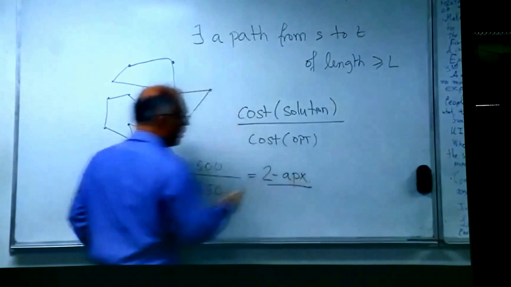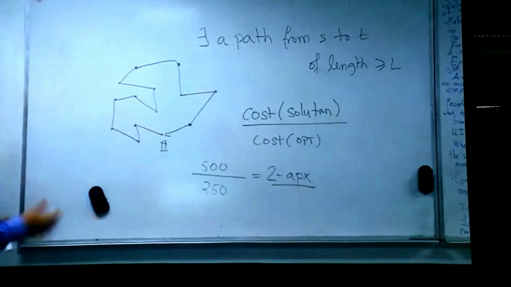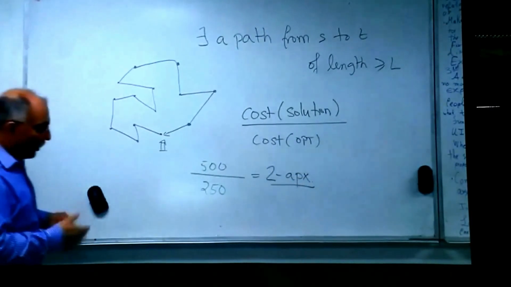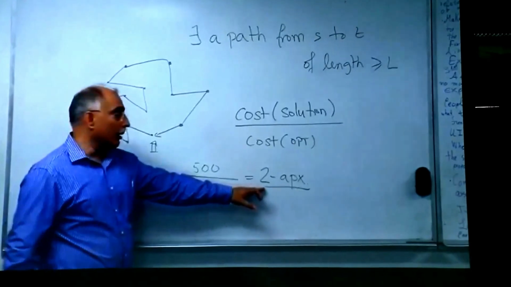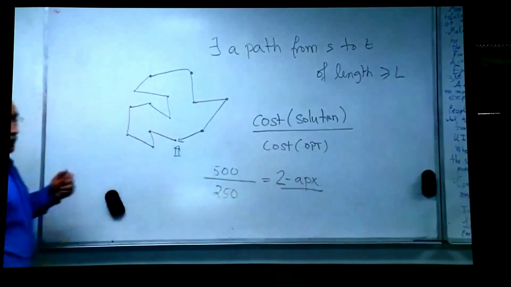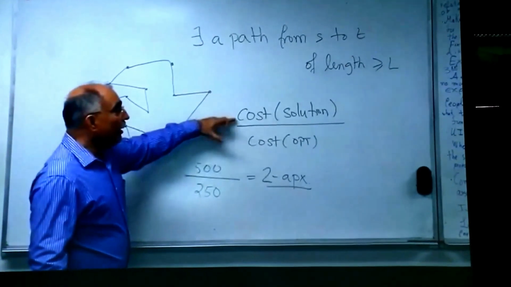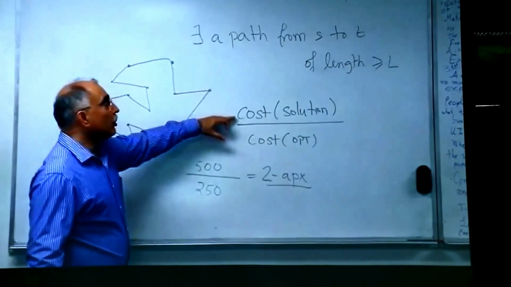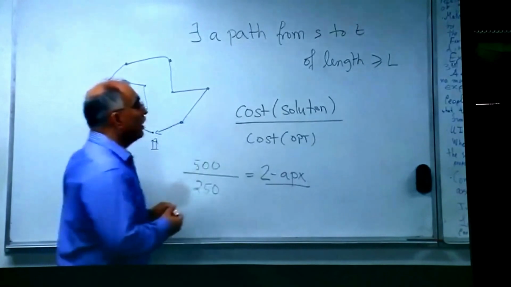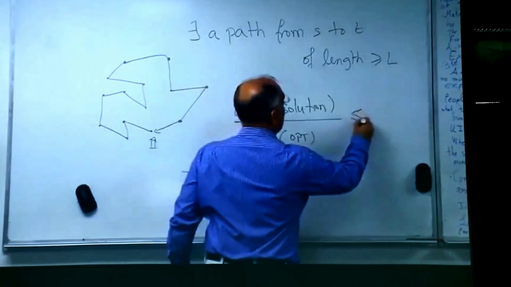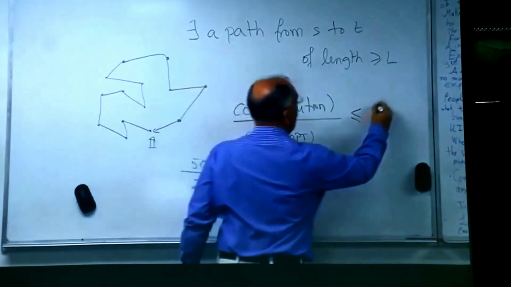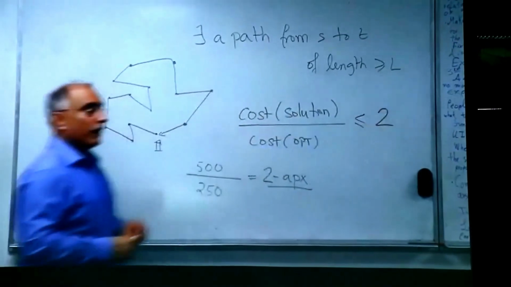So what is a 2 approximation? A 2 approximation is an algorithm that runs in polynomial time, and it comes with the following guarantee. The guarantee is that no matter what input instance you give this algorithm, we are always guaranteed that the ratio of the cost of the solution to the cost of the optimum is bounded by a factor of 2.